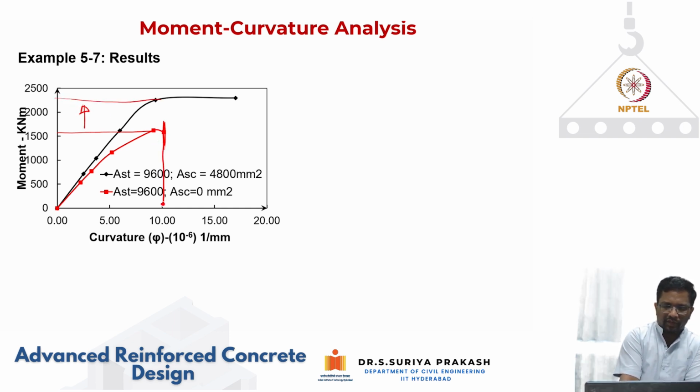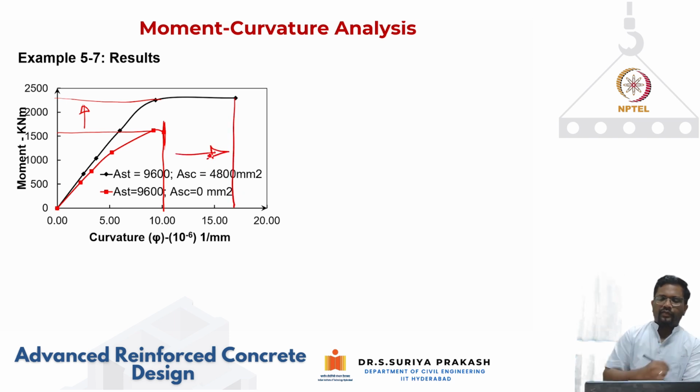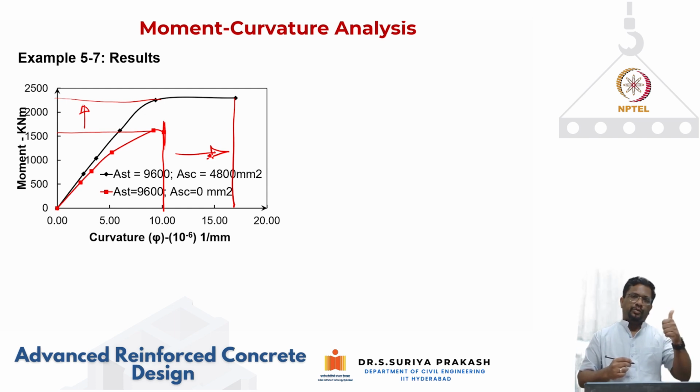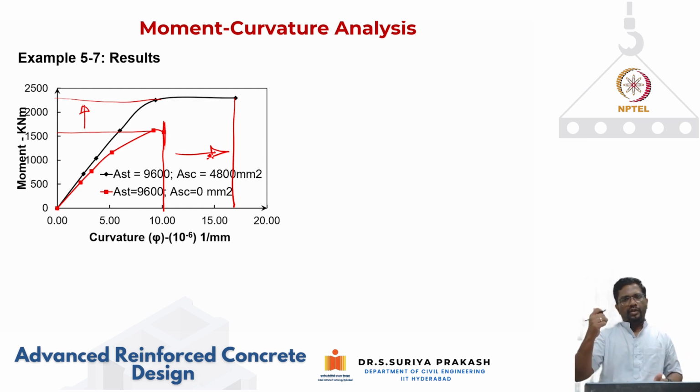Similarly, the curvature here was 10, here it is 16, so the curvature at failure has also increased. So I've gained an increase in moment resistance, and I've also increased the curvature at failure. Both are good. I get more value for the amount of steel that I'm putting as compression steel.